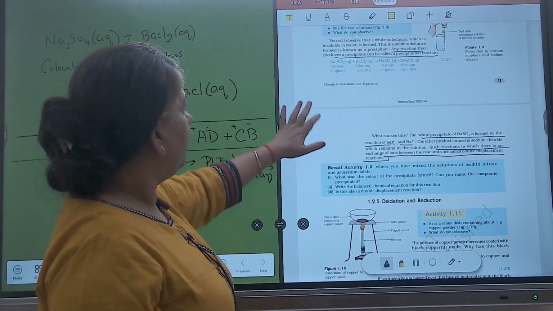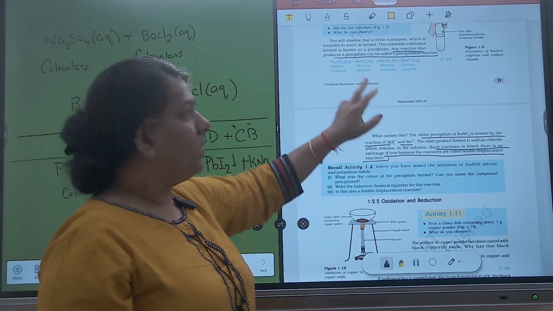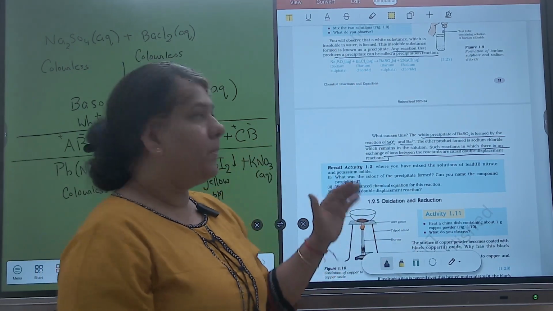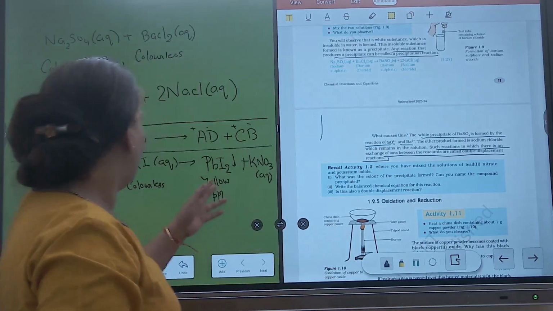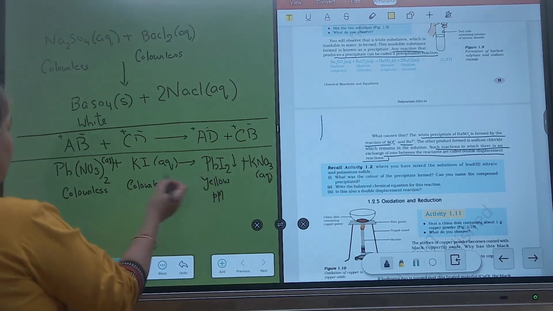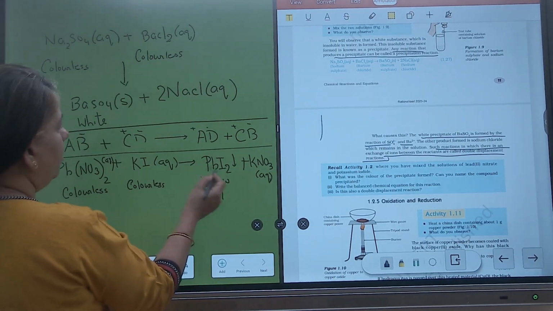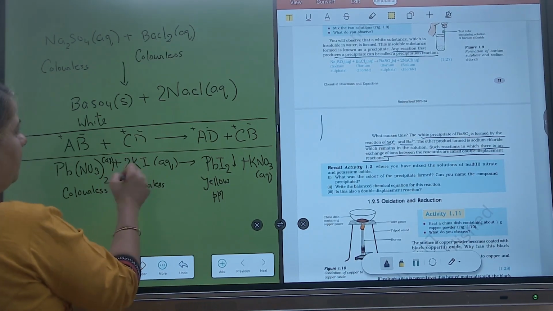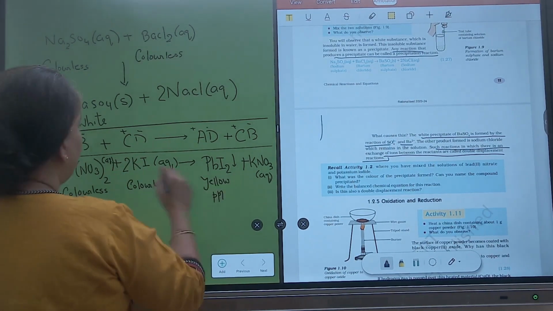So you basically have two reactions in your book, this one and the one that is previously mentioned in the chapter. Balance this equation also. See, we get twice iodide, so we can put here 2. The moment we put 2, we get 2 potassium.